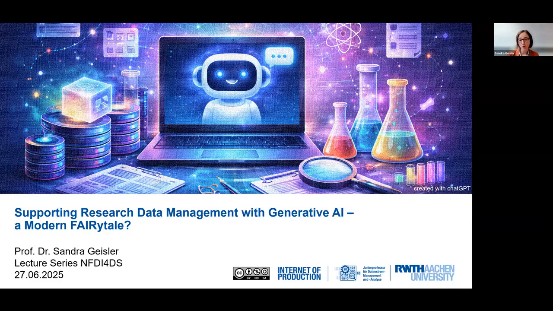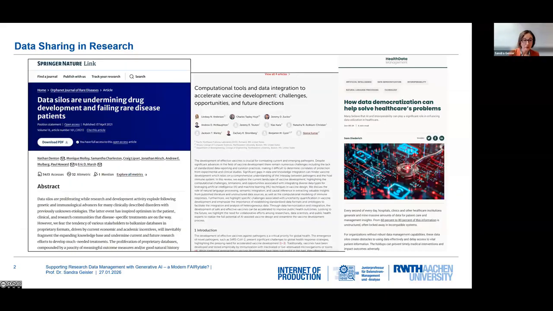But as you all know, research data often does not correspond to this ideal, and it's often hard to get to a good research data management for various reasons, which we will discuss in a minute. When we look at data sharing in research, as I said, there are a lot of problems which hinder the sharing of data, and it also hinders the outcome of the research.